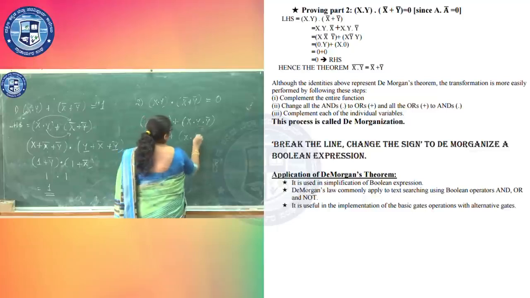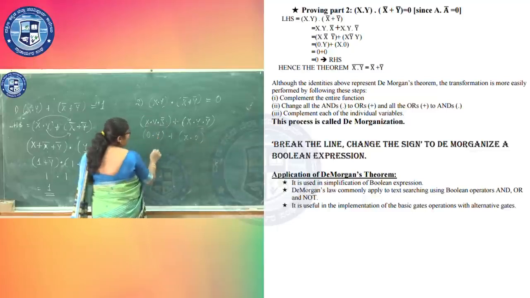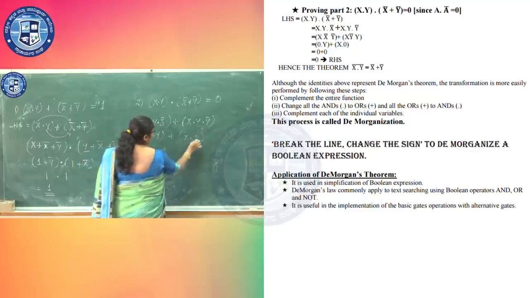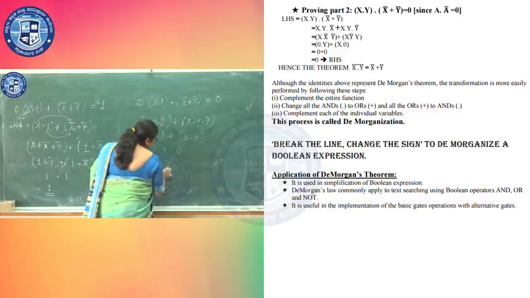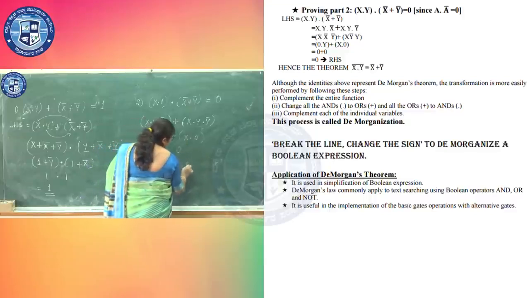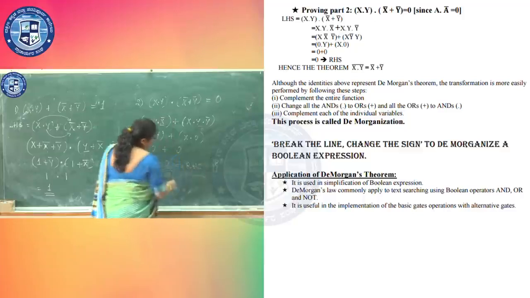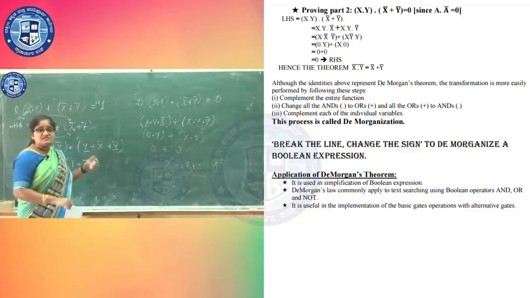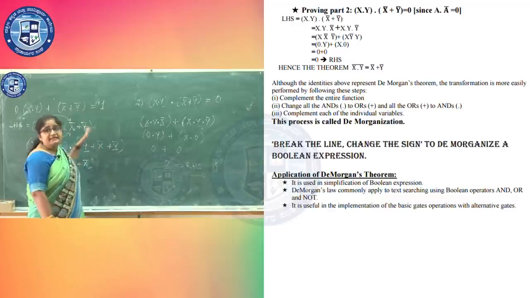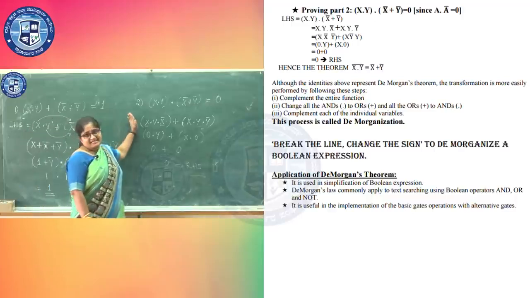So, x into 0, 0 and y is nothing but 0, plus x and 0 is 0, which is corresponding to 0, which is our RHS. So, this is the proof for the second theorem, and this is the second part.